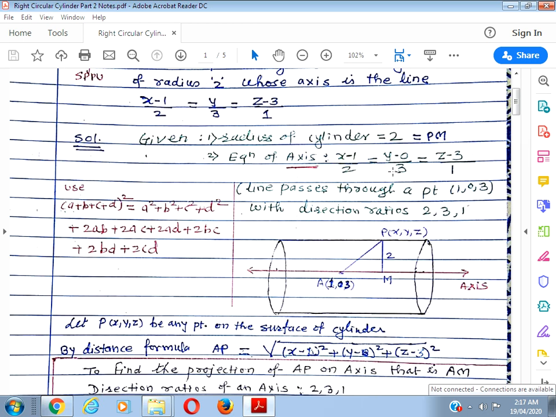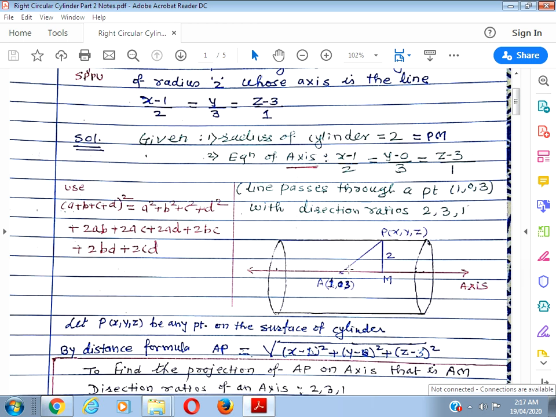Since the equation of axis is this one, this axis passes through the point (1, 0, 3), means the point A (1, 0, 3) is lying on the axis, and M is the perpendicular drawn from the point P on axis, and PM is the radius of the cylinder.